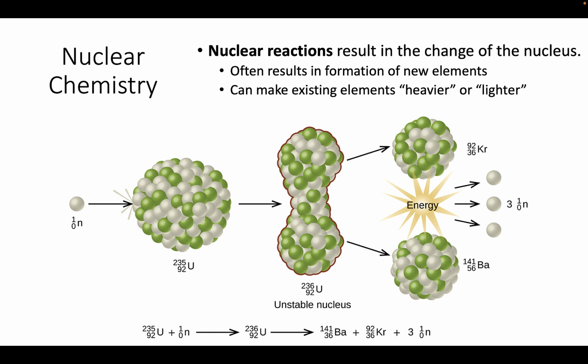We show that it's a uranium plus a neutron, coming together for just a moment into a 236 proton and neutron containing species, and then breaking up into a barium, a krypton, and 3 neutrons. How we keep track of these nuclear reactions is very important: we show the isotope itself, so the number of neutrons available, and we will be able to keep track of all of this matter as shown at the bottom.